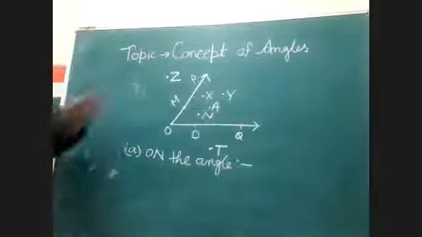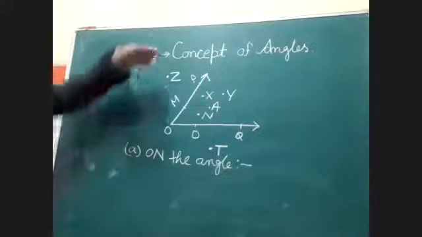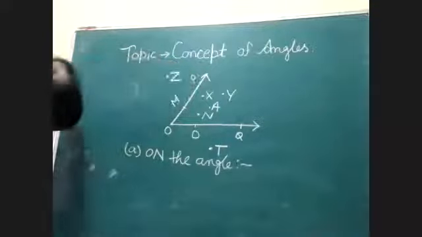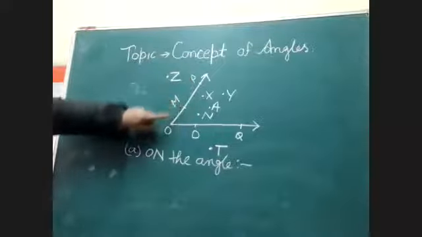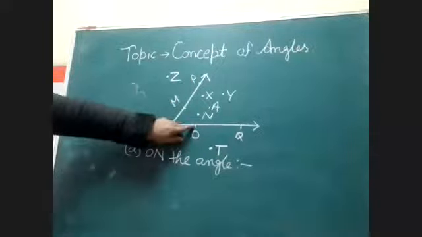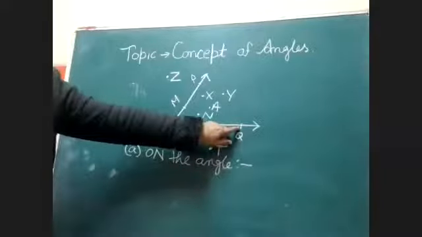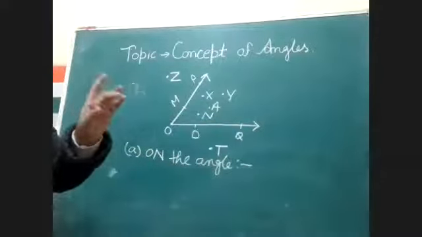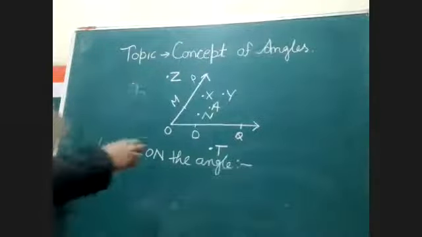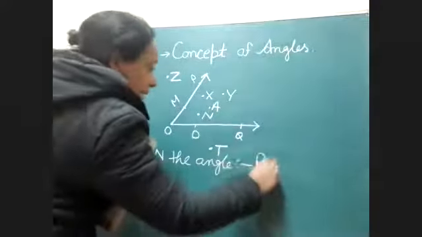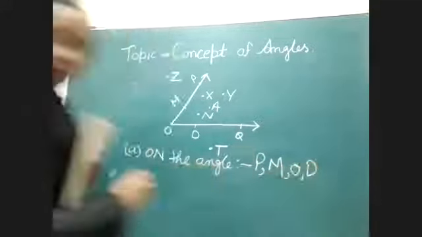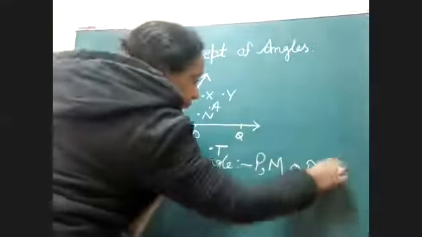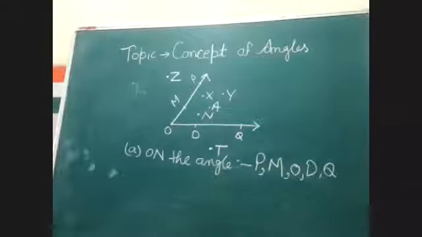The points which lie on this angle are P, M, O, D, and Q. So these are the points which lie on this angle: P, M, O, D, and Q.